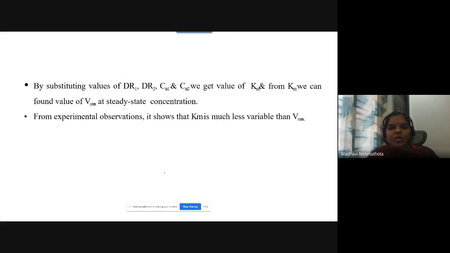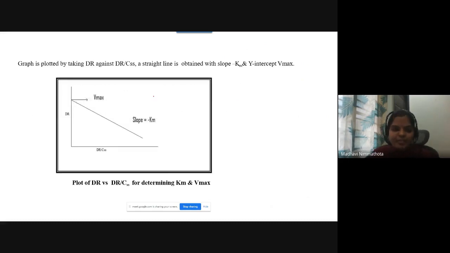And how will the plot be? The graph is plotted by taking DR against DR by CSS. Here you take the DR and here you take the CSS. So you will get the slope like this. The slope is minus Km. This is the theoretical maximum, that is the y-intercept.